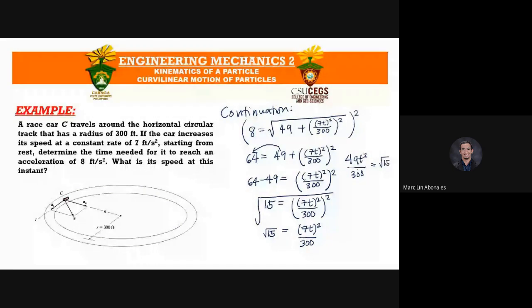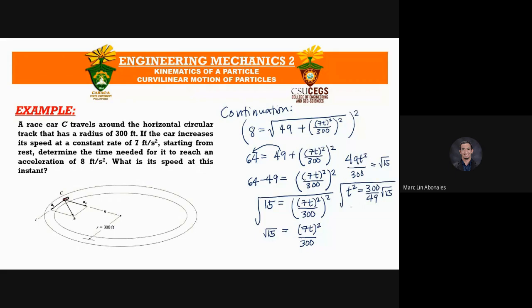So i-cross multiply nimo, so that would be t squared is equal to 300 over 49 square root of 15. Para ma-cancel ang 49 over 300, i-multiply nimo 300 over 49. Then for you to determine the time is square root lang nimo.